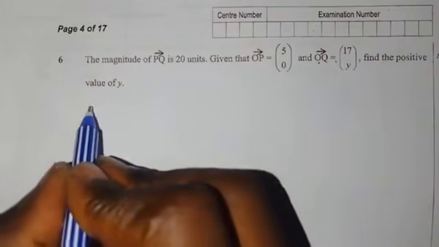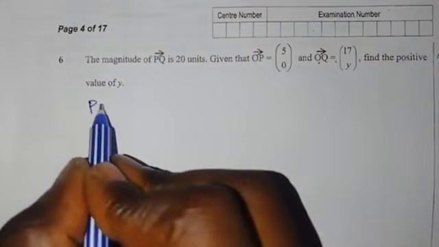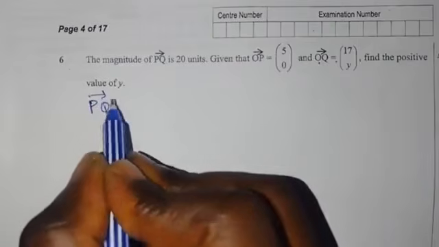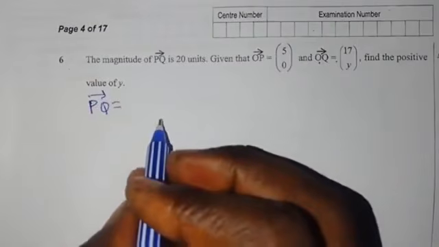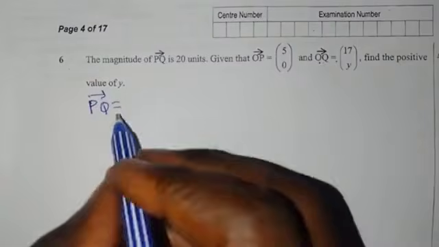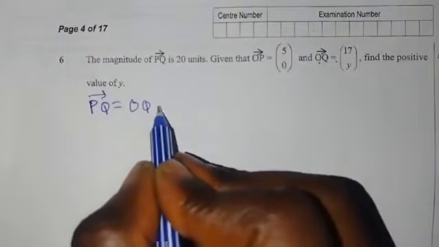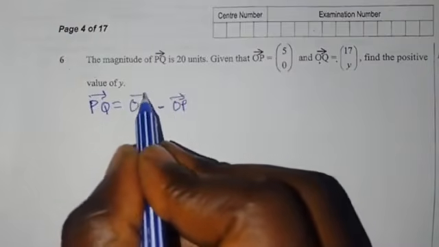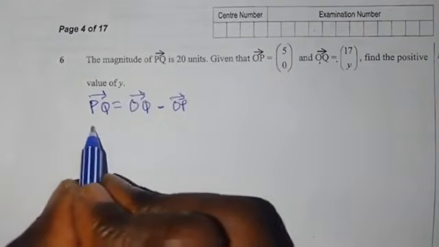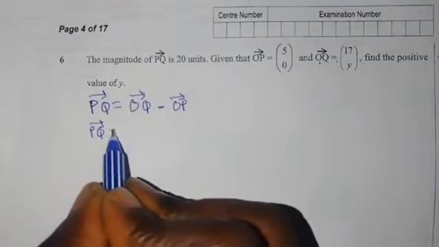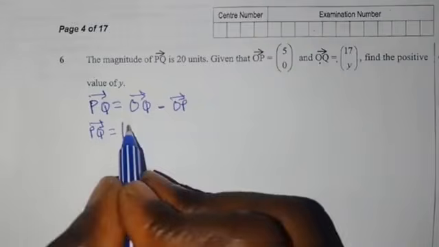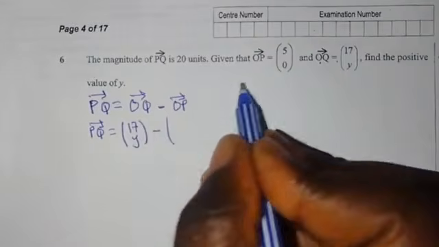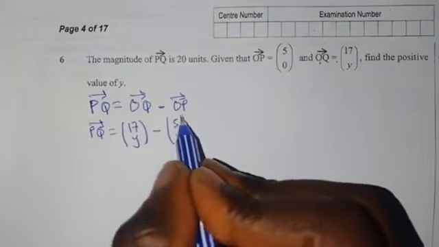So first thing, we are going to find the position vector of PQ. So to find the position vector of PQ, we can say we get this OQ minus this OP. Okay, this is step 1. So we say PQ equal to OQ, we have (17,y), minus OP, we have (5,0).